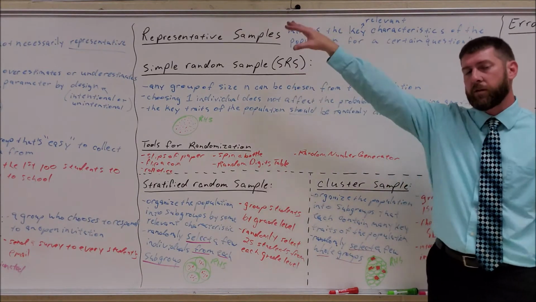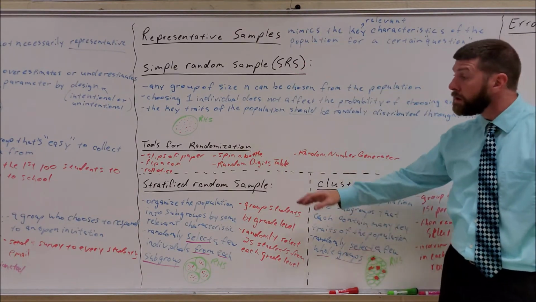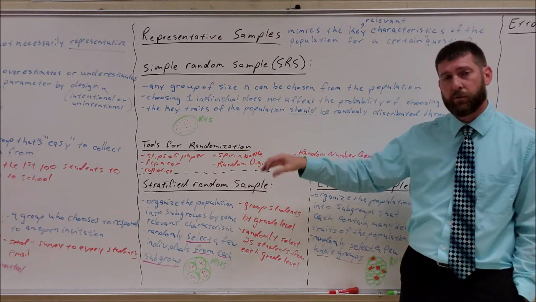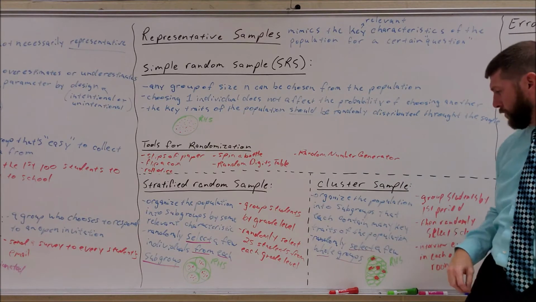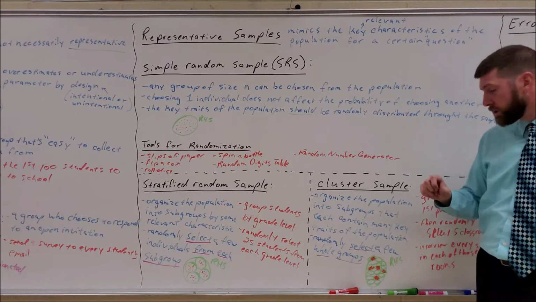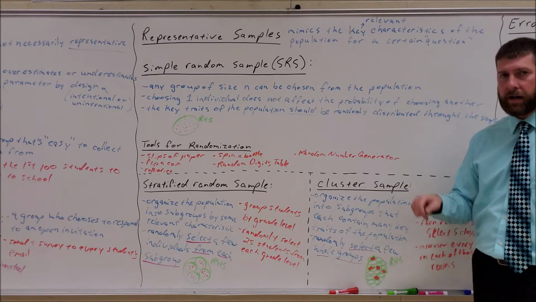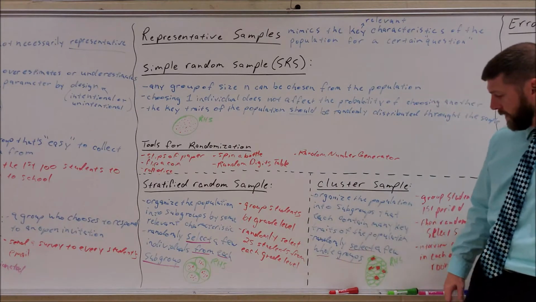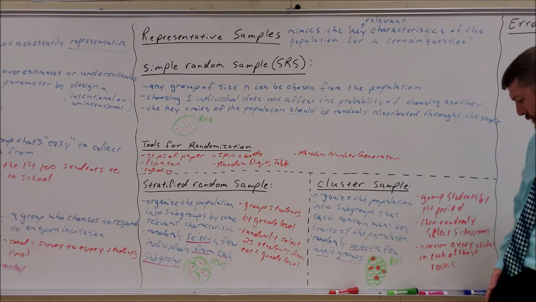Simple random: everybody in the population has a chance to be chosen. Stratified random sample: I'm putting them into subgroups and then taking a little bit from each subgroup. And then cluster sample: I'm putting them into smaller subgroups and talking to everybody within a few subgroups. So instead of a few people from every subgroup, it's all people from a few subgroups.